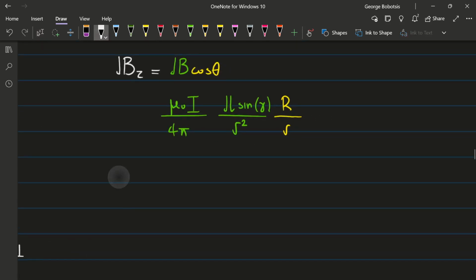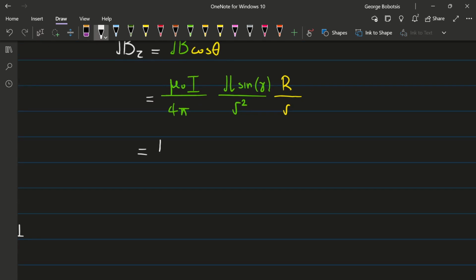For a second, I'm going to collect terms. So I got mu naught I over 4 pi sine of gamma. All right. And then R dl over curly R cubed.